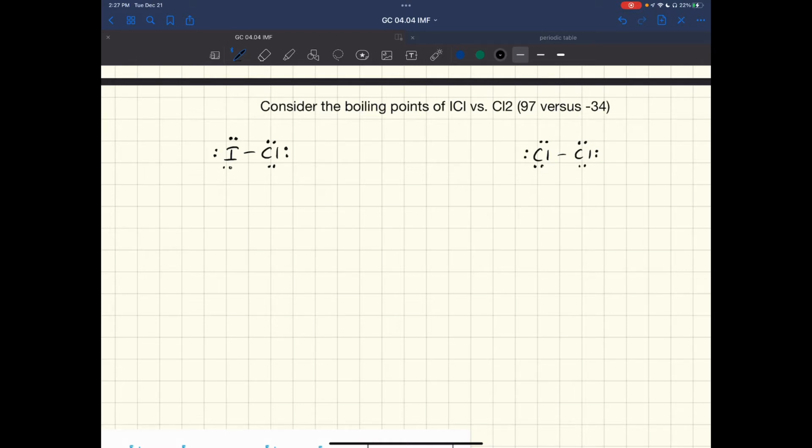ICl has a boiling point of 97 degrees versus negative 34 for chlorine. And remember, we said that boiling point is a good indicator of the strength of the intermolecular force. Well, let's think about what's going on. In ICl, there is a difference in electronegativity, which I can tell because I have a halogen being bonded to a non-halogen.